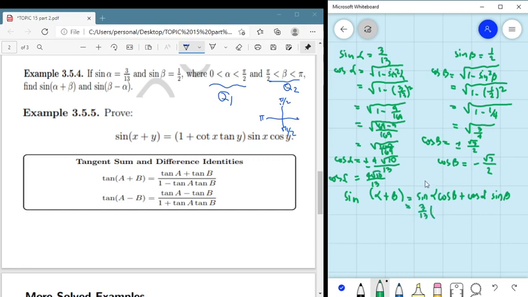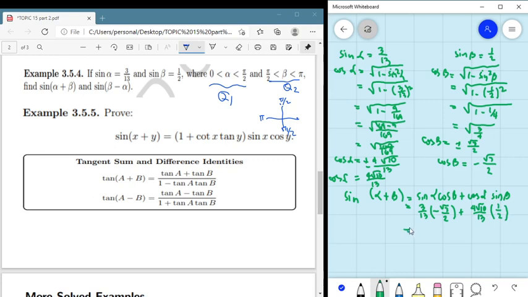Cosine beta is negative square root of 3 over 2, plus cosine alpha is 4 square root of 10 over 13, and then sine beta is 1/2.